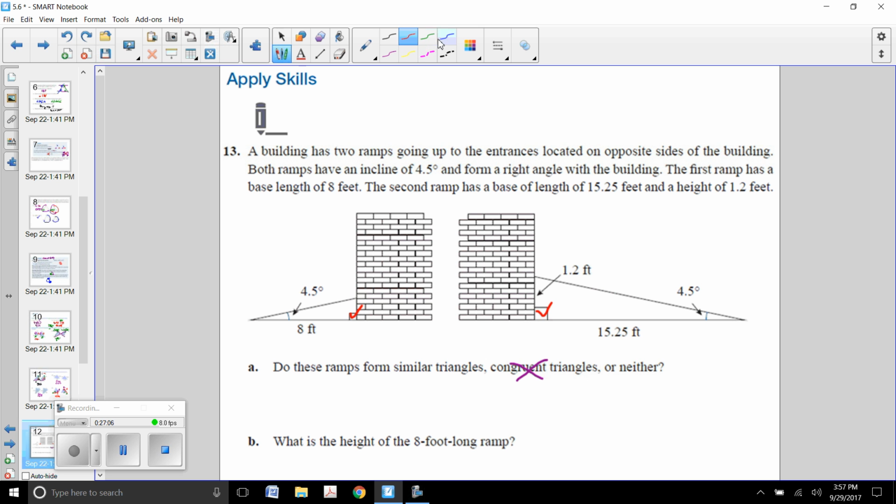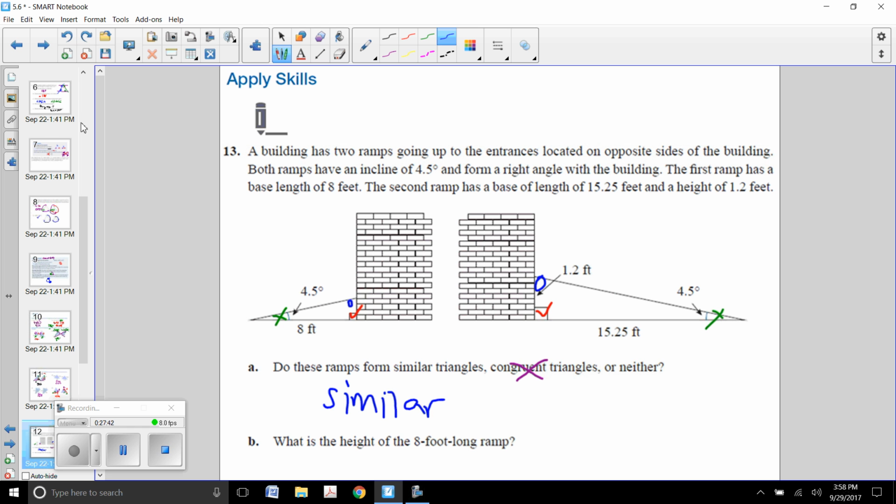Then they told us that both ramps were at 4.5 degrees. So if two sets of angles measure the same, then the third, because we know the sum has to equal 180 degrees, are the same as well. So they are similar because they have the same size angles.